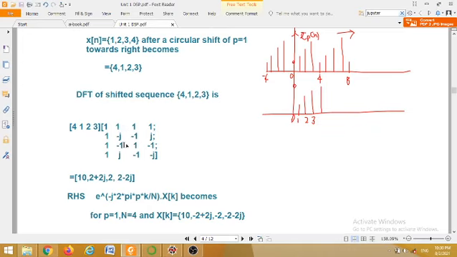So 4 minus 2 is 2, and minus j plus 3j gives 2j, so 2 plus 2j. Similarly here you get 2, and here you get 2 minus 2j.